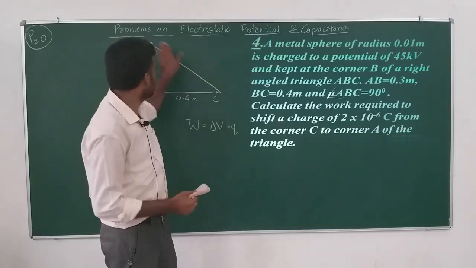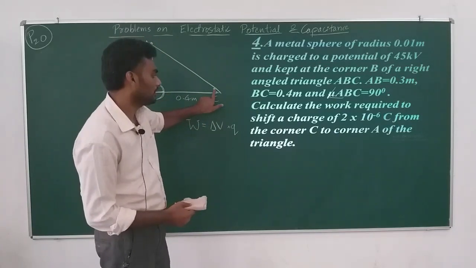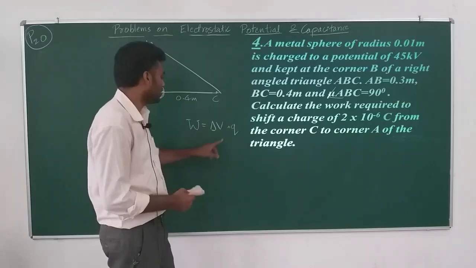The charge we are moving is 2 into 10 to the power of minus 6 coulomb.